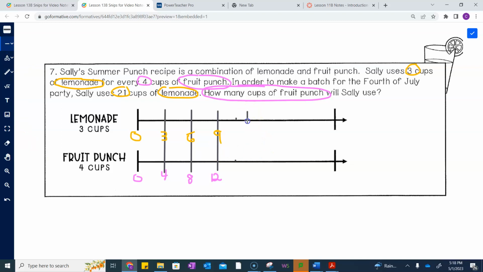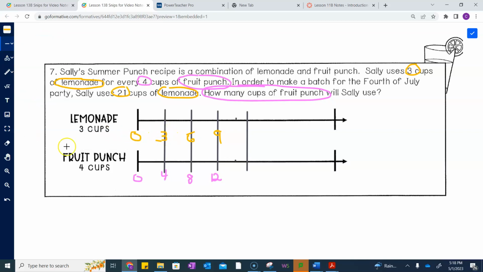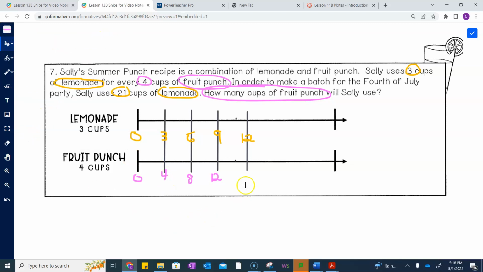So if I decide to quadruple it, I had 3 to start. My recipe says 3 to 4, so if I decide to make 4 batches, I need 12 cups of lemonade. And 4 times 4, for 4 batches, I need 16 cups of fruit punch. And then I'm going to make 5 batches.